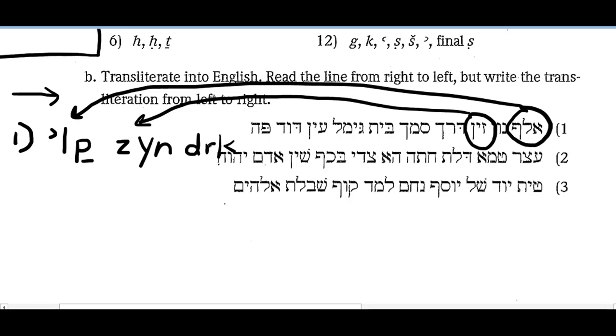The issue here is that when you sound out the English, you should be sounding out what the Hebrew represents. So if I can give an example, if you took this Hebrew word right here and you said, okay, I'm supposed to transliterate those 3 letters into English. So what I'm going to do is I'm going to write the aleph first. I'm then going to put an L in between, and I'm going to put a pei there.